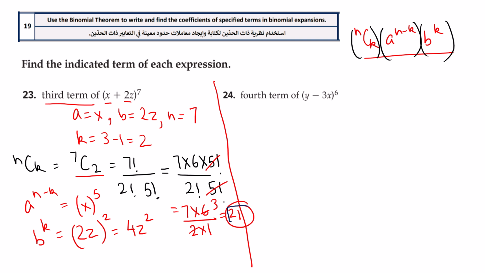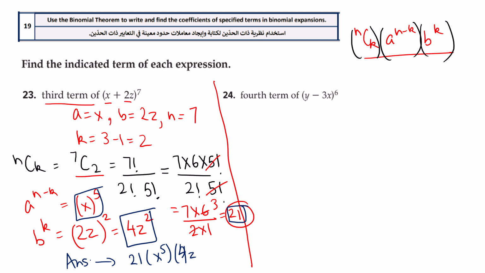So the final answer, that is the third term, would be 21 multiplied by x to the power 5 multiplied by 4z to the power 2. Combining the numbers, 21 multiplied by 4 is 84, so we get 84 x to the power 5 z to the power 2. This is the final answer.